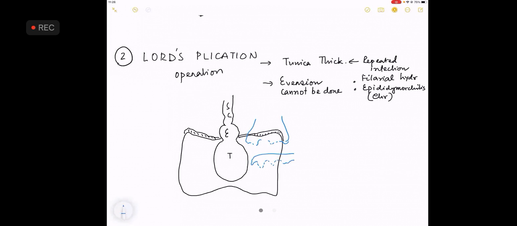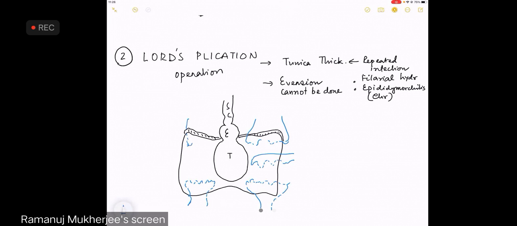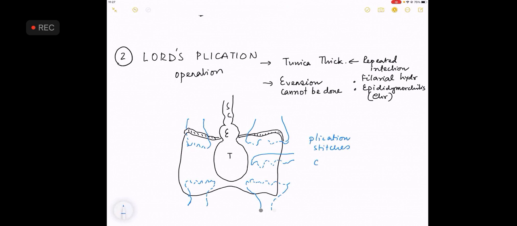If you have not understood what plicating stitches are, those of you who know how to wear a dhoti or a sari, the best example, or the curtains in your house, have something called a plication. These are all called plication stitches, and they are done using catgut, which is an absorbable material.